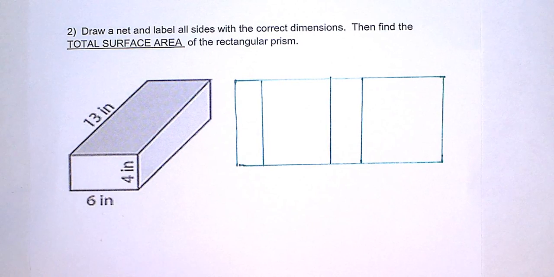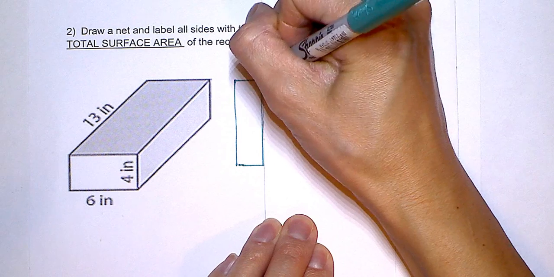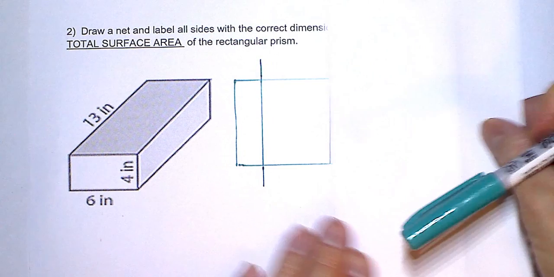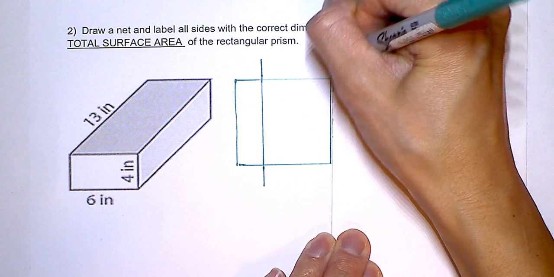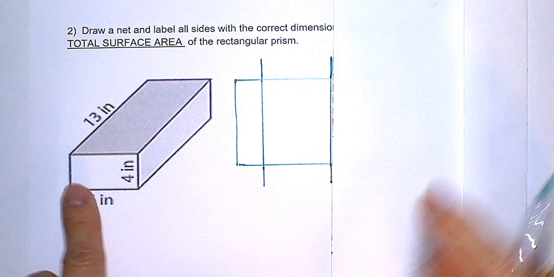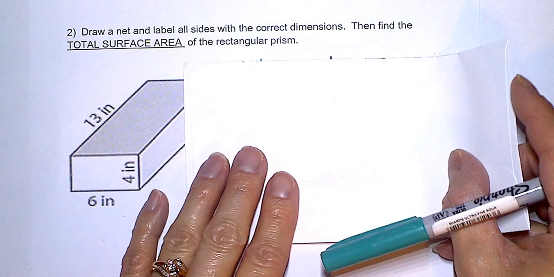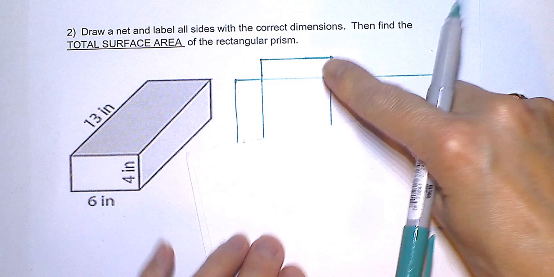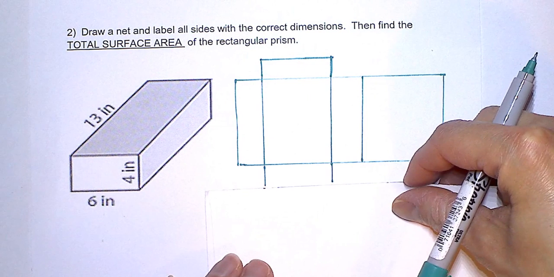Then the very front, now I'm going to go ahead and extend this line a little bit and this line, because what I'm doing now is I'm drawing this front rectangle right here. And this one that I'm drawing right now, actually, this is the back, so this is the back part, and then this is the front part.